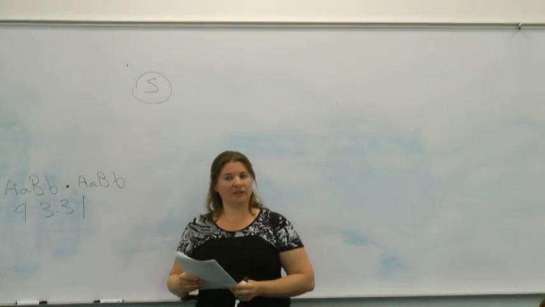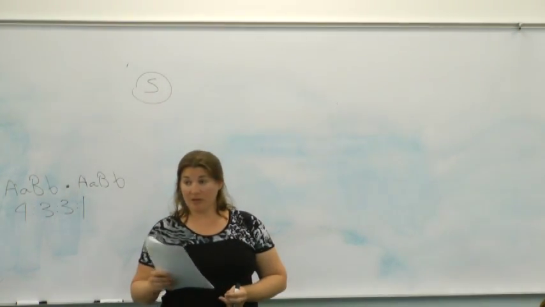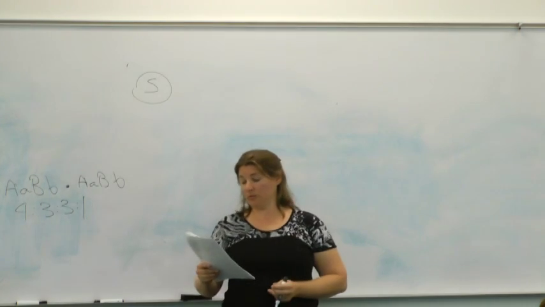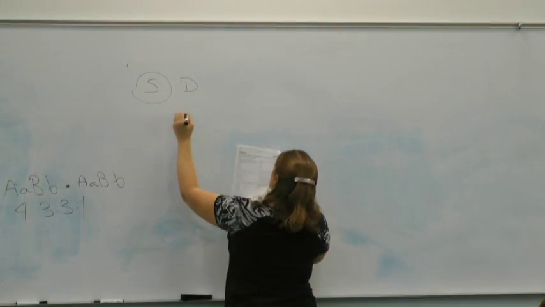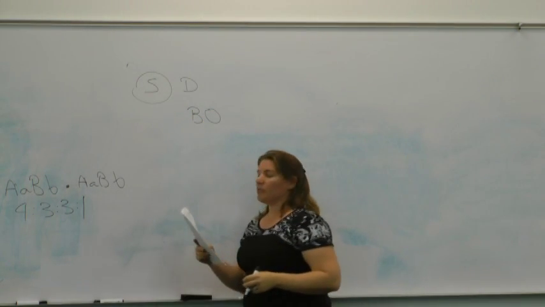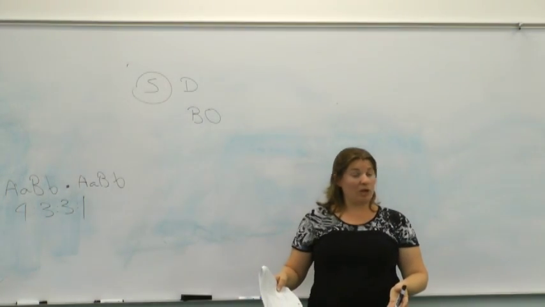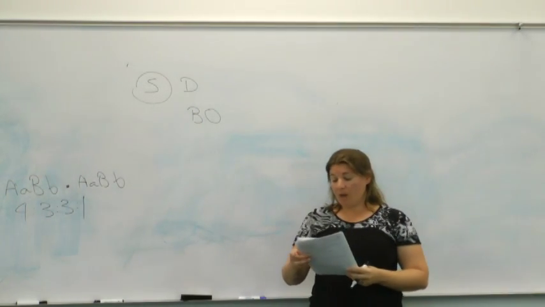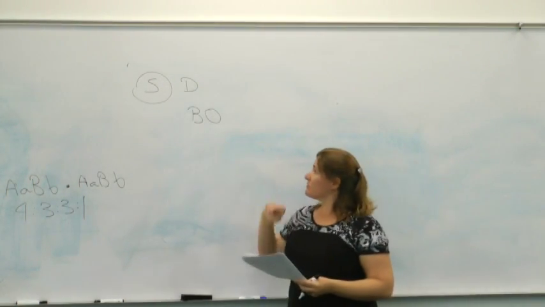The genotype given by choice D is BO, because the lowercase i means O. So it's choice D. To have B blood, you could be BB or BO. Remember that on my paper exams, you won't see those i's. I'll just use the letters.